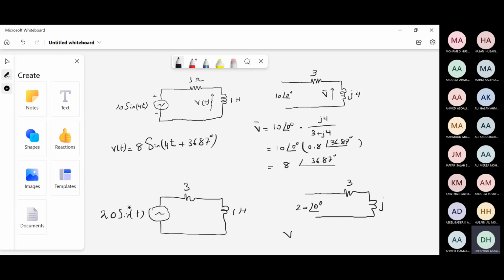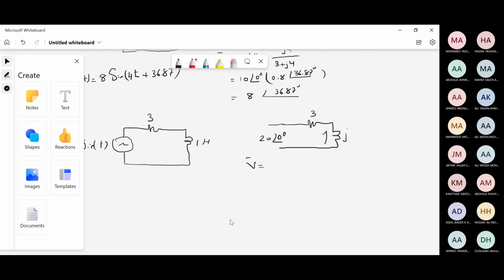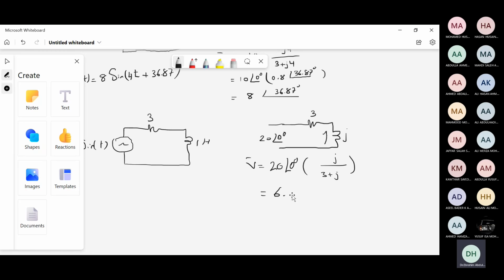So then V here is equal to 20 angle 0 multiplied by j over 3 plus j. And if you calculate this one, it will be equal to 6.324 angle 71.6.